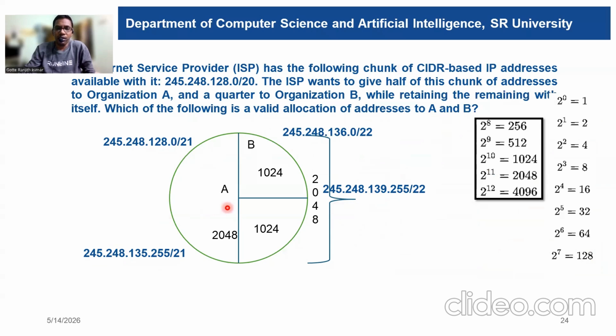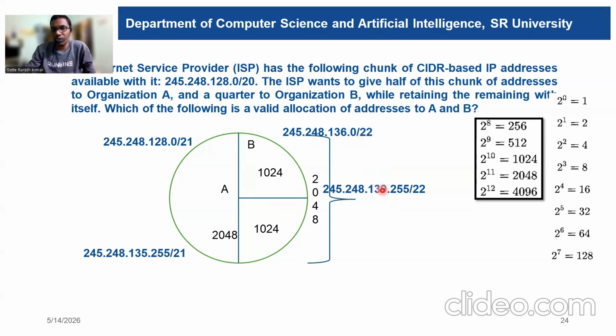And one more point here, 1024, but out of this, from here to here is the starting address and last address. The starting address always represents the network address, and the last address always represents the broadcast address.